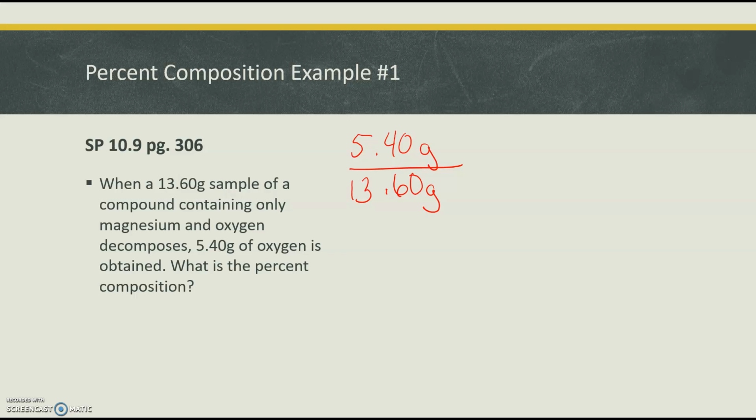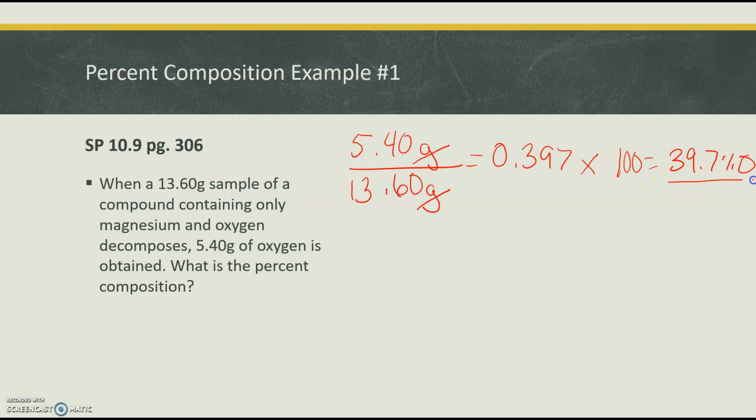When we do this division, the number we get is 0.397. Note that our units cancel out, so this number will not have units. We then multiply by 100 to get 39.7% oxygen.